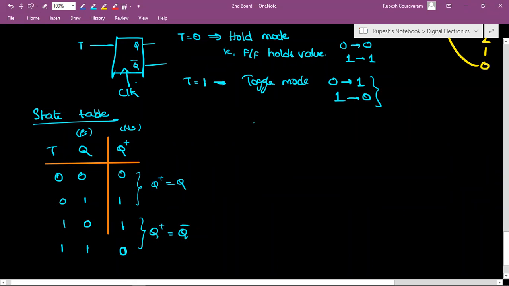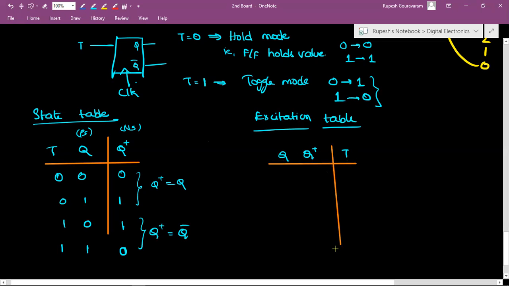Now coming to the excitation table. Let us take Q, Q plus, and T. So this is the present state. This is the next state.